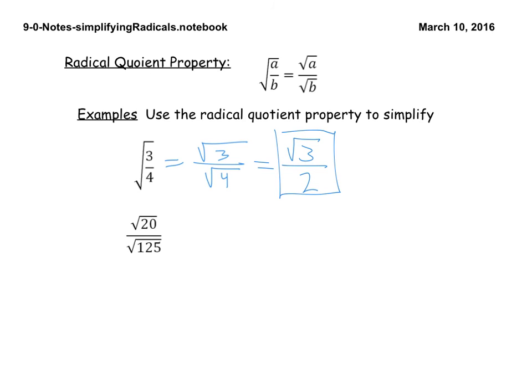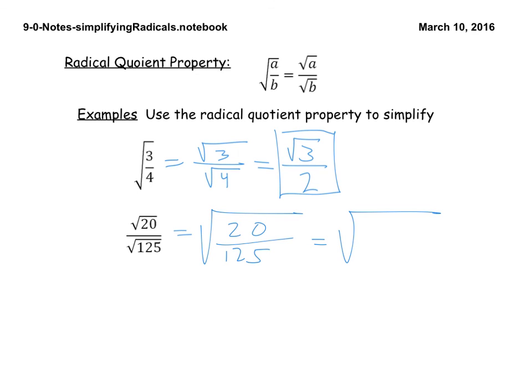Well, what if we have 2 like this? Here we got 2 that are separated. I don't know the square root of 20. I don't know the square root of 125. But if we use the radical product or quotient property backwards, we can put it together here into one big old square root. And then I think we can simplify that fraction, right?